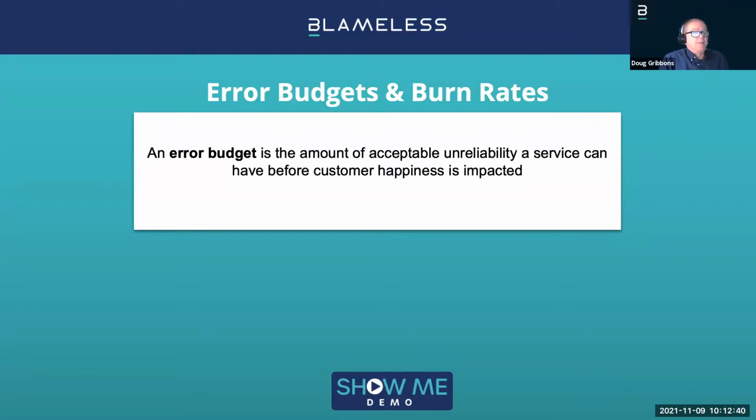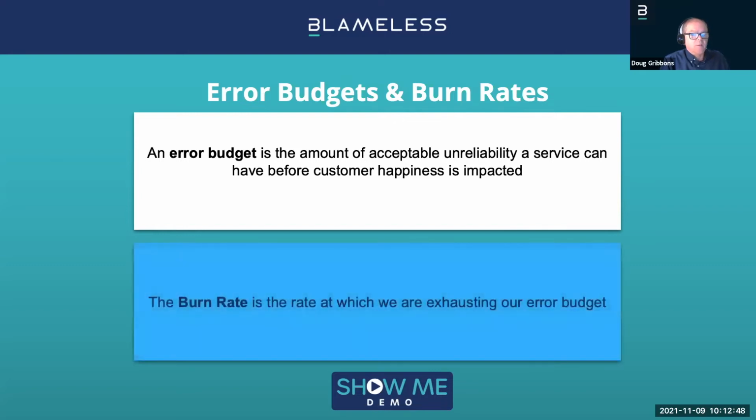They're the amount of time that you can spend not being available. Along with an error budget, we also have what we call the burn rate. The burn rate is the rate at which we are using up our error budget. So error budget is something we're shooting for, and burn rate is essentially how fast we are using up that error budget.